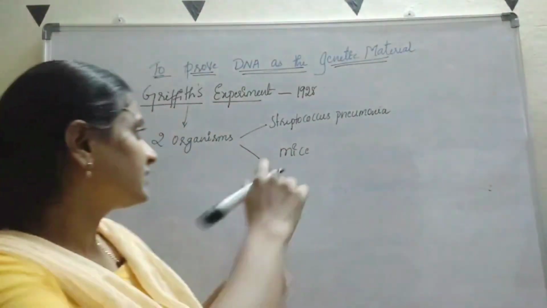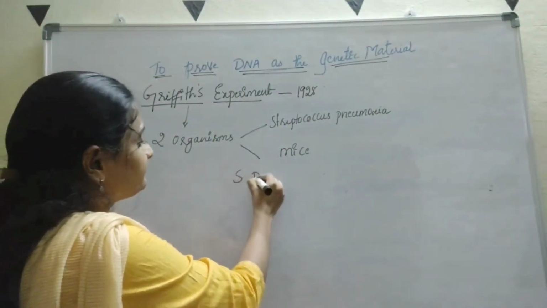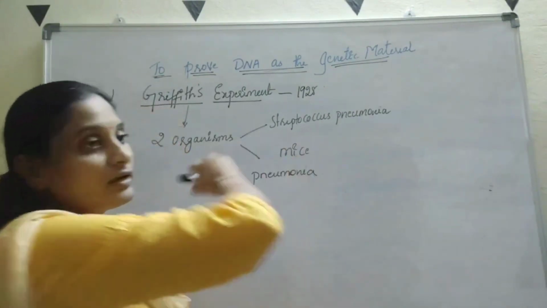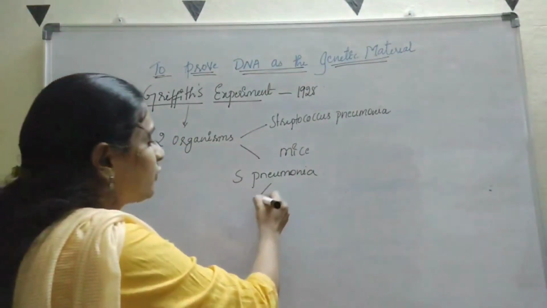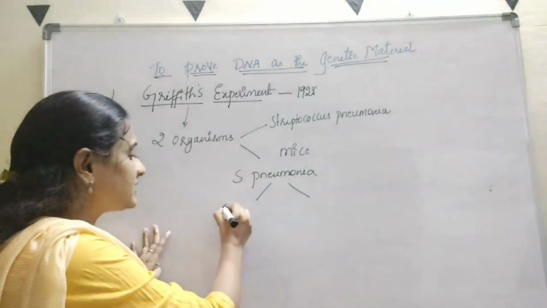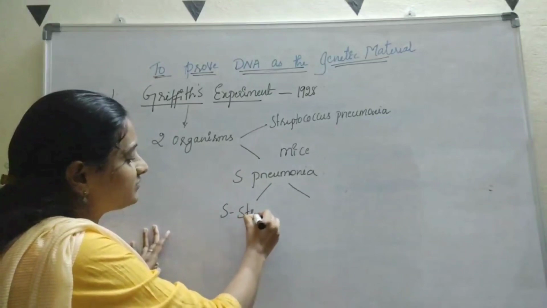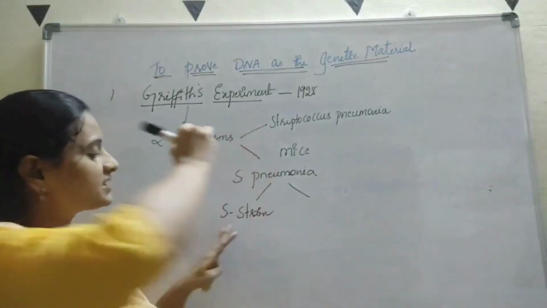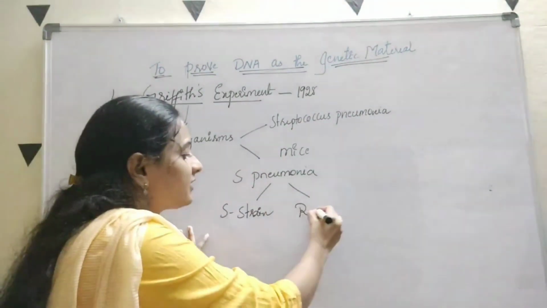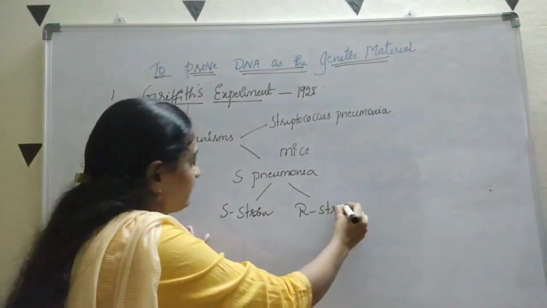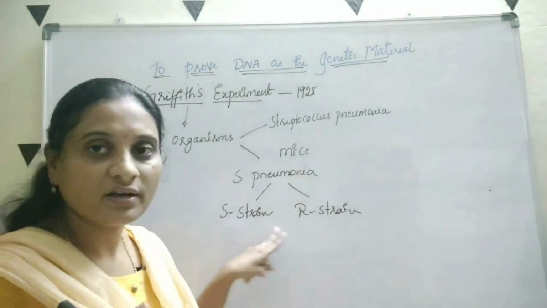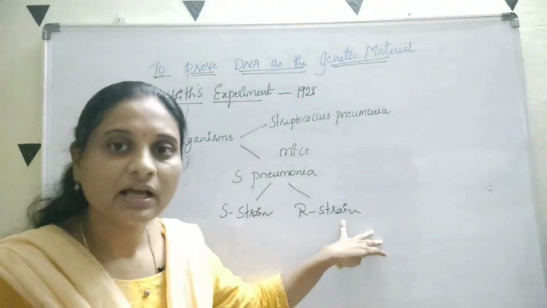Apart from this, Streptococcus pneumoniae exists in two forms. The first form is the smooth strain, and the second form is the rough strain.